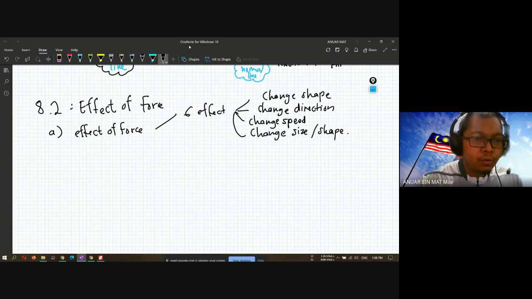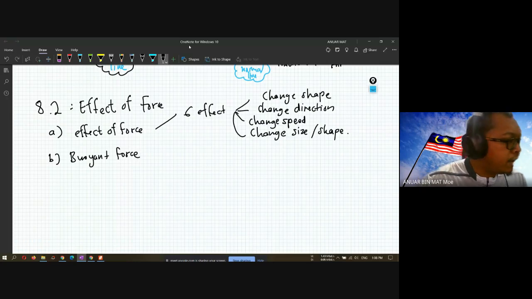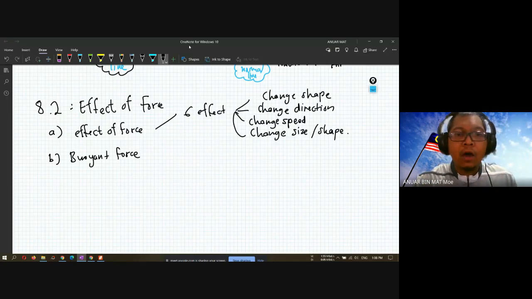And then number two, who can tell me? We learn about the buoyant force. Still remember buoyant force, class? And then how to measure the buoyant force? How to measure it? By using the formula.